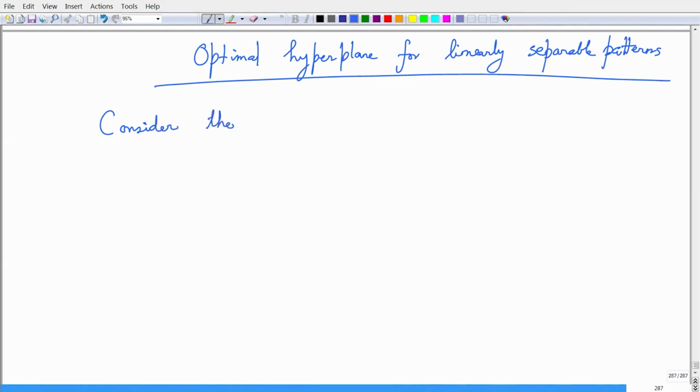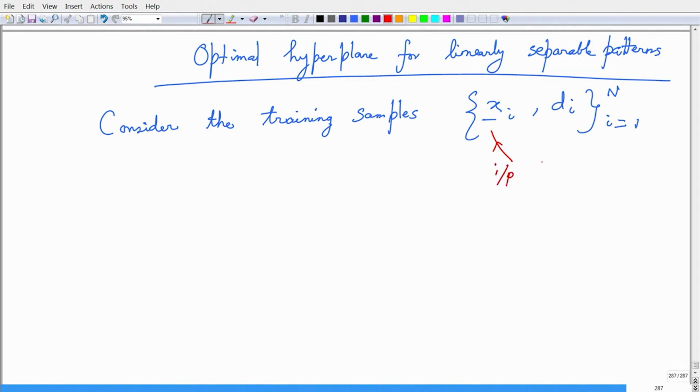So, consider the training samples xi and di, i equals 1 to capital N, where xi is the input pattern for the ith example and di is the target or the desired response.